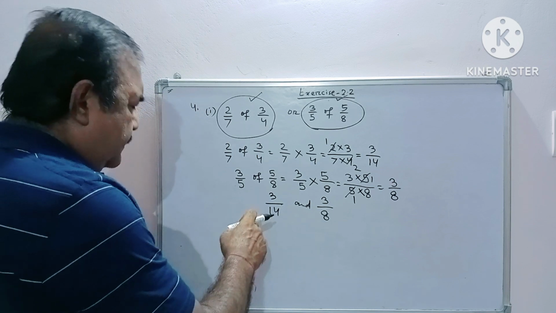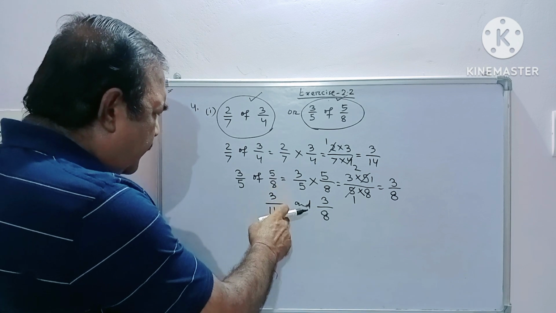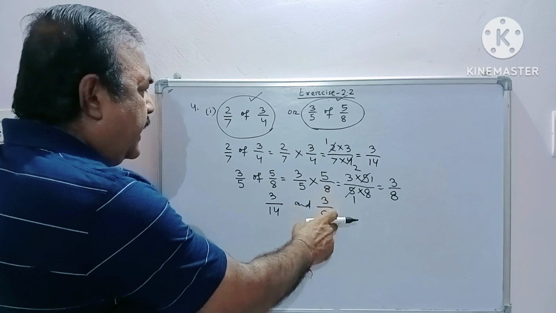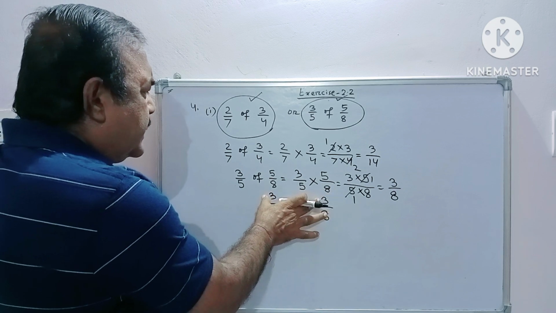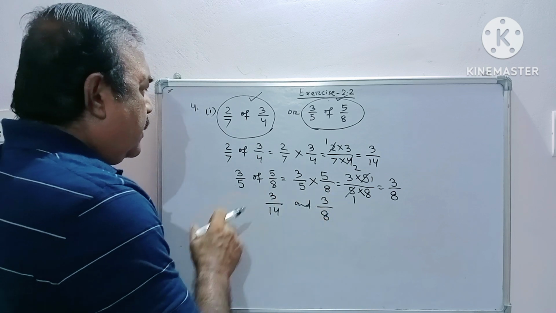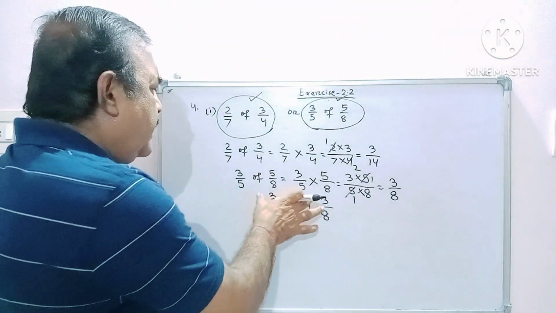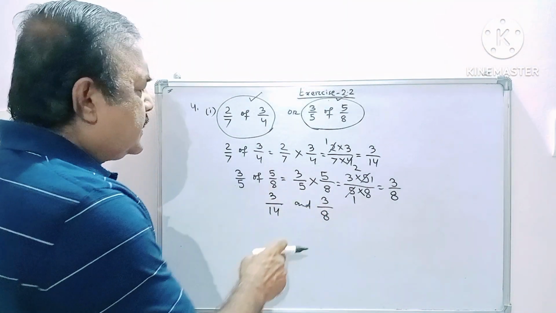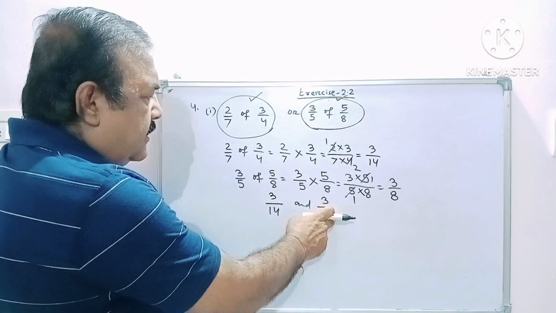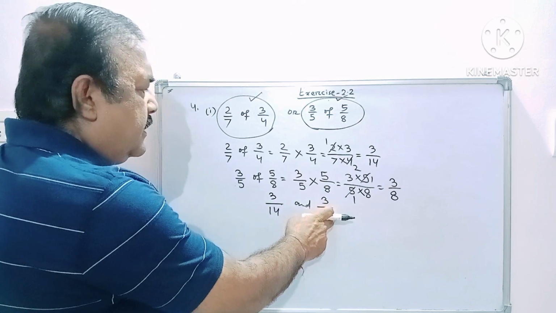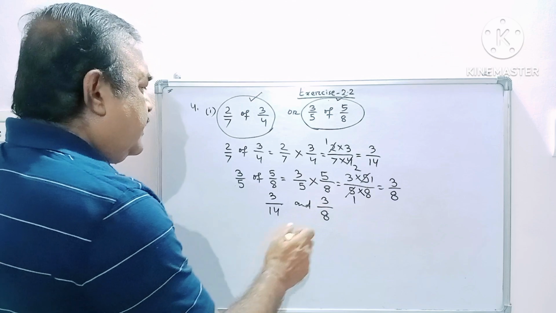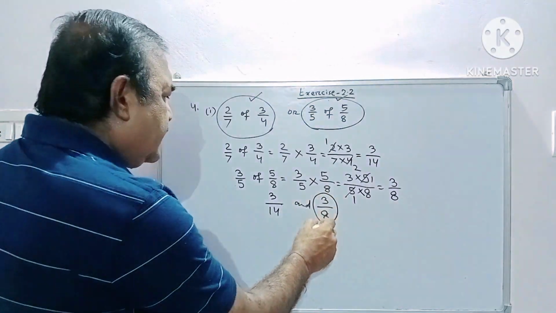So in case of 3 upon 14 and 3 upon 8, both the numerators are same. So what is the rule of comparison between two fractions? If the numerator is same, then the fraction having lesser or smaller denominator is greater. So 3 upon 8 is greater.